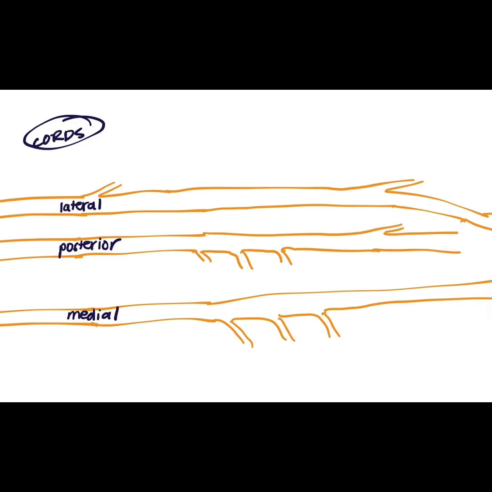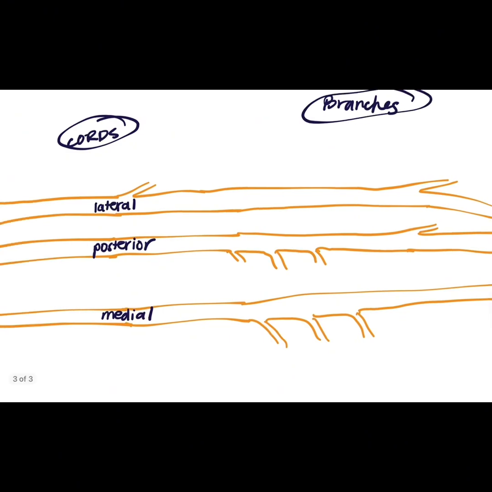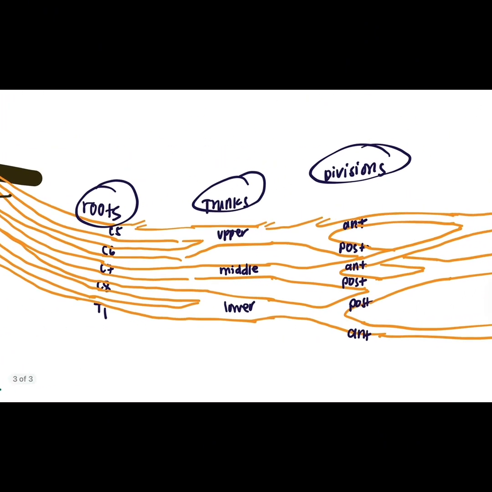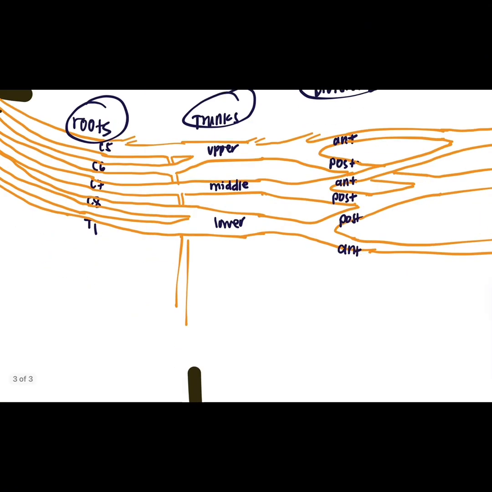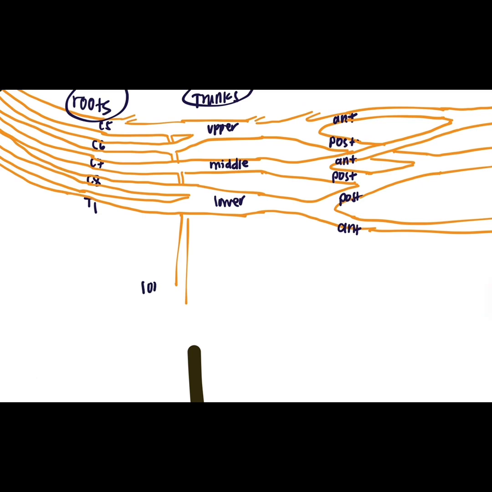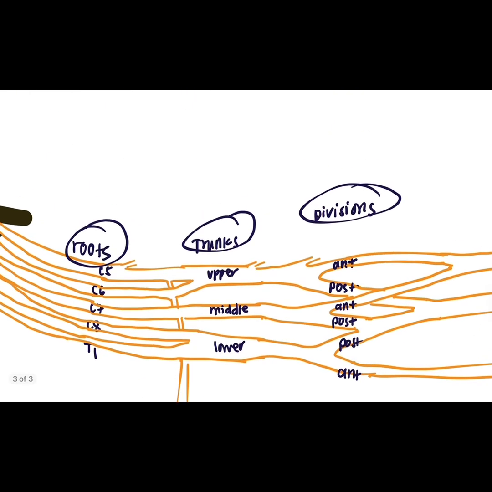Now, because they are branching through, there are already branches from the more superior part, from the C5. So from the C5, C6, and C7, there is already a branch that comes out of it, which is very important for the brachial plexus, and we will call this the long thoracic nerve. So it will supply a very important muscle. That's why we included it.